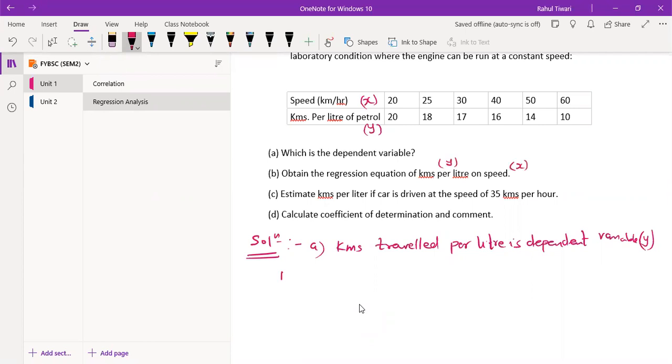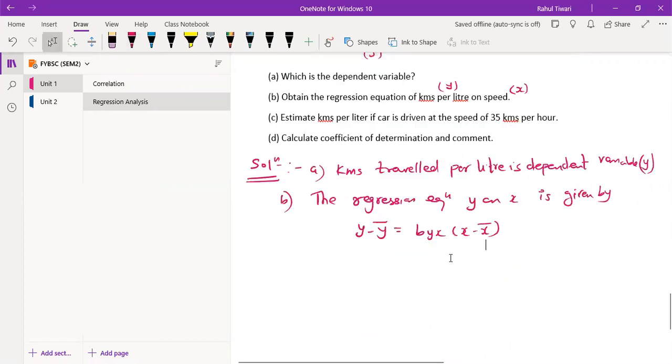So the regression equation y on x is given by y minus y bar is equal to byx times x minus x bar.